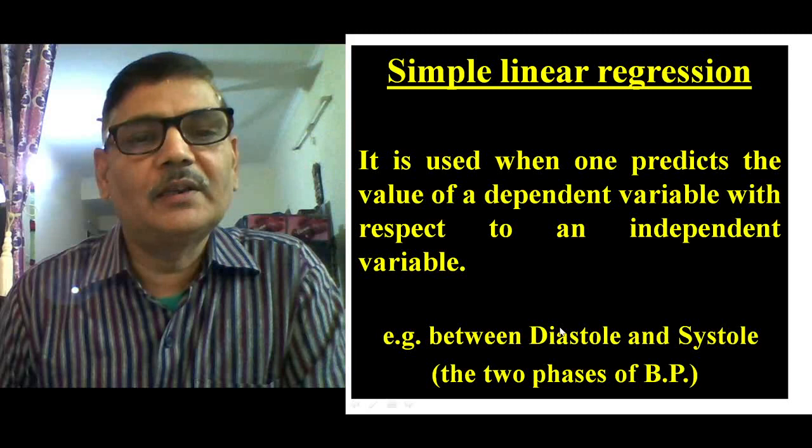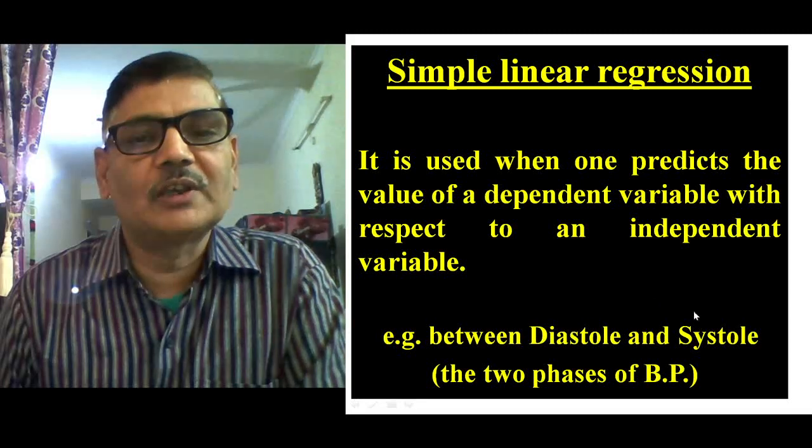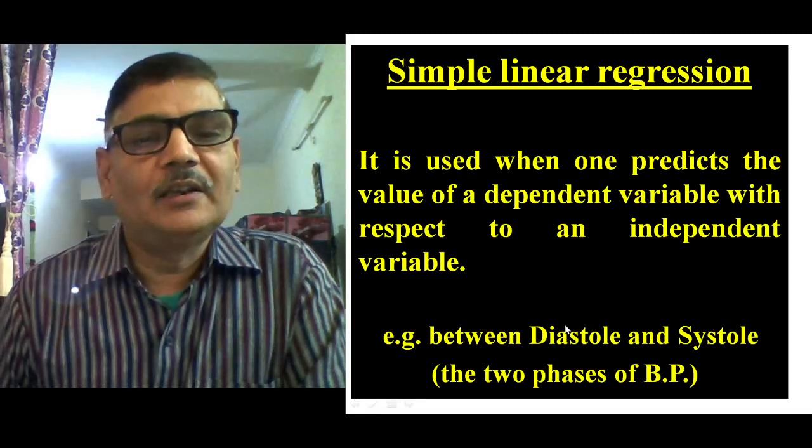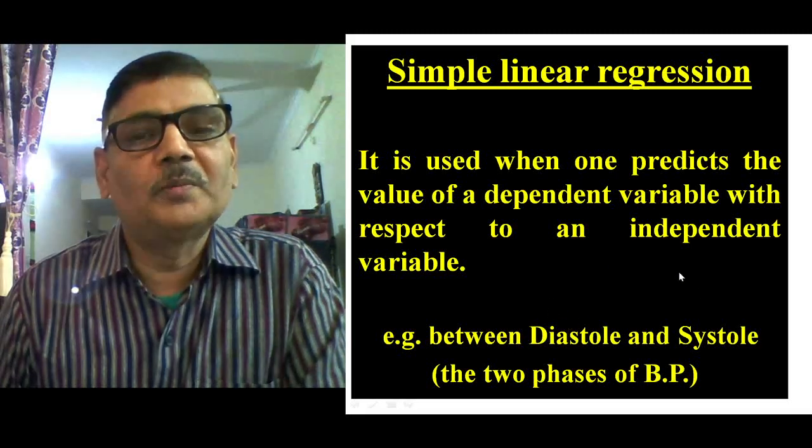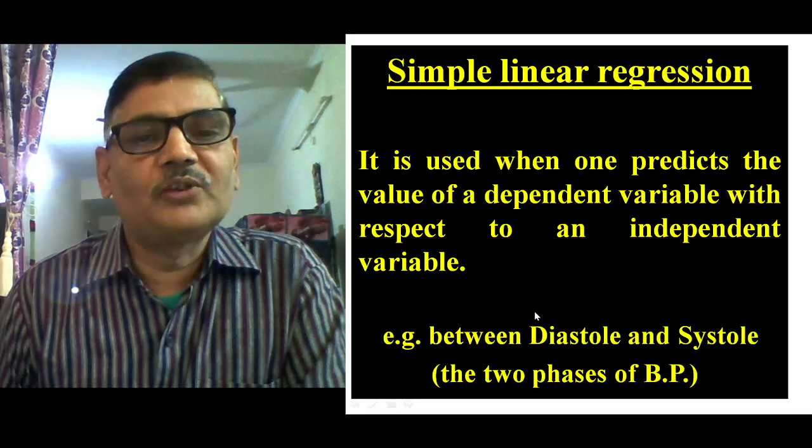And if we find that there is a very high relationship between these two physiological happenings, then we are able to predict that if the value of diastole is this much, then what would be the value of systole, or vice versa. So this kind of prediction can be made.